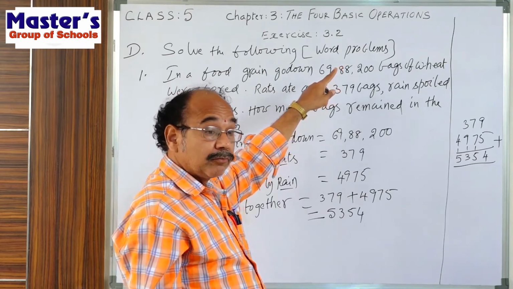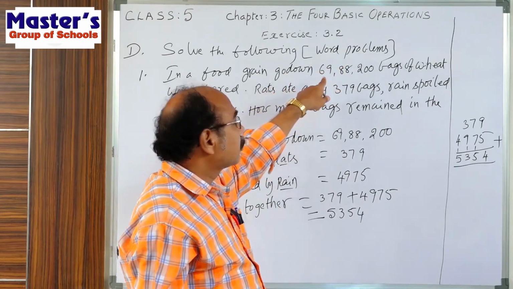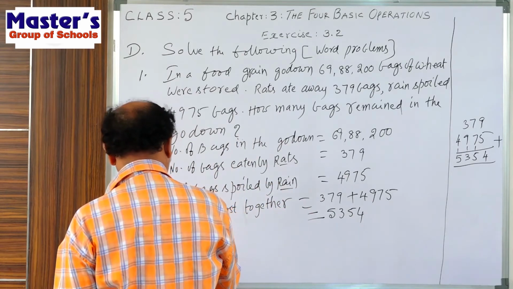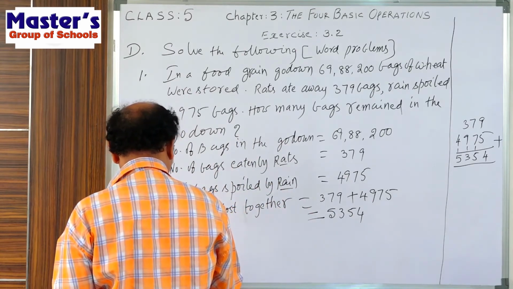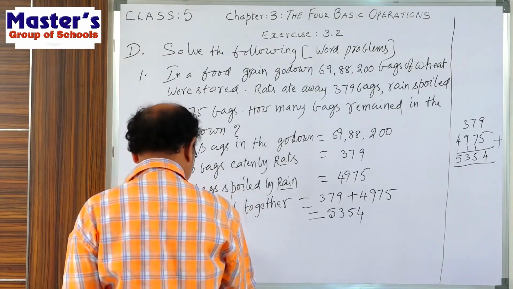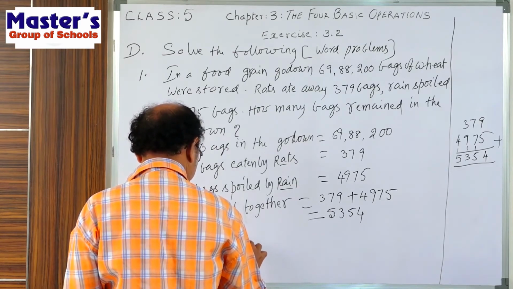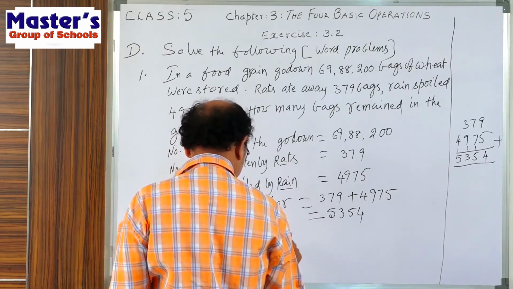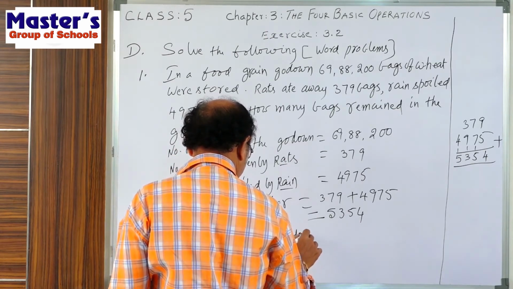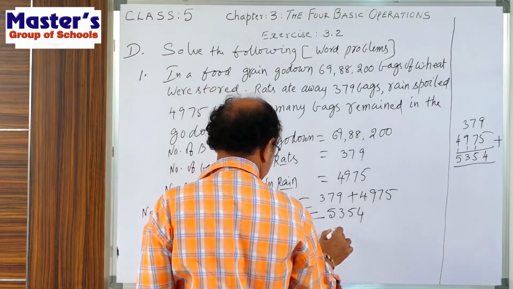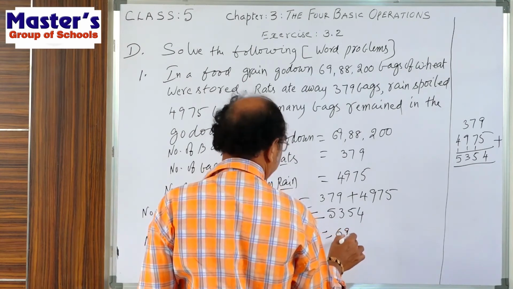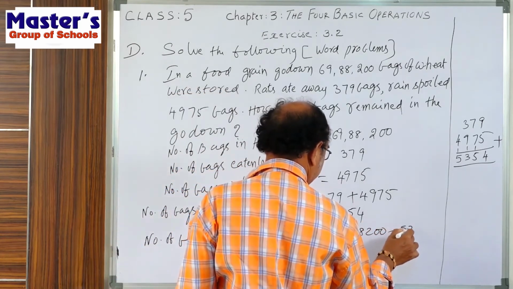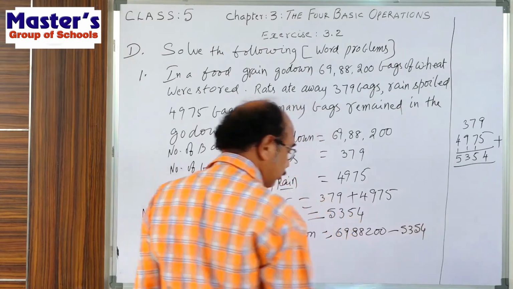That means the number we stored in the very beginning in the godown. So, the number of bags remained in the godown is equal to 69,88,200 minus 5,354. Okay, students, are you following?